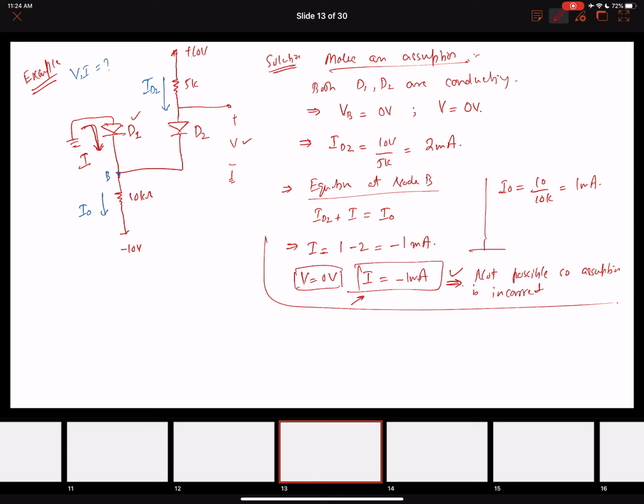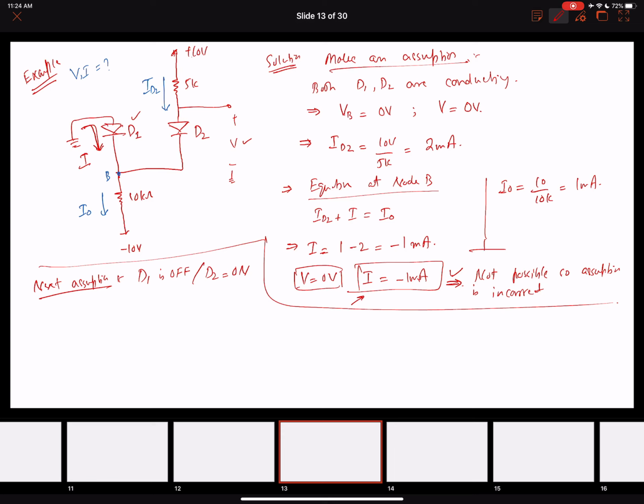Okay, so let's now make the next assumption. Let's do the analysis again. Now our assumption is D1 is off and D2 is on.